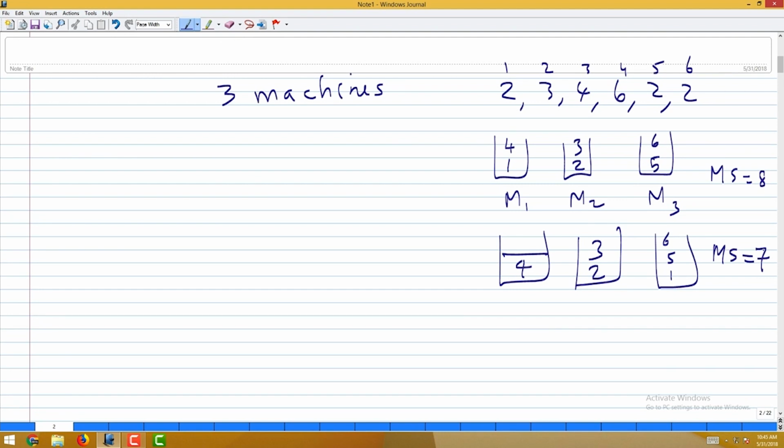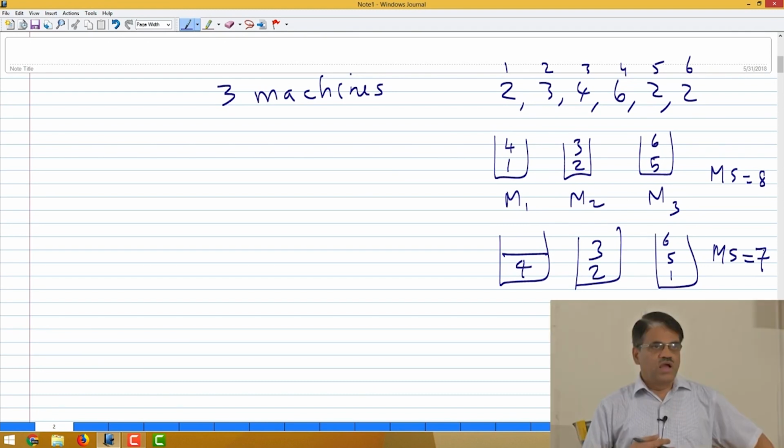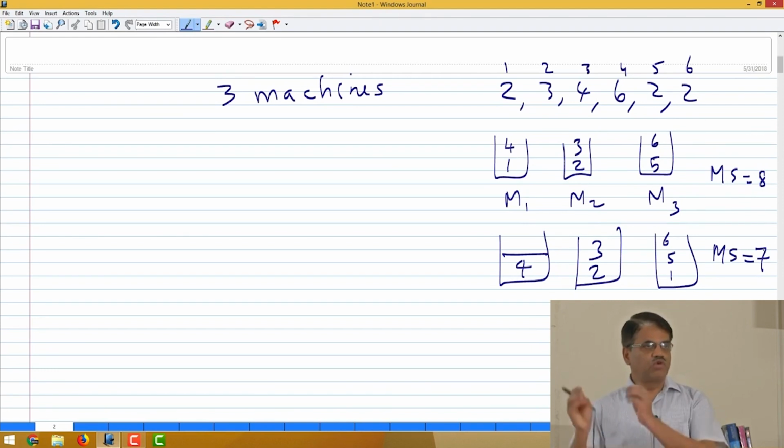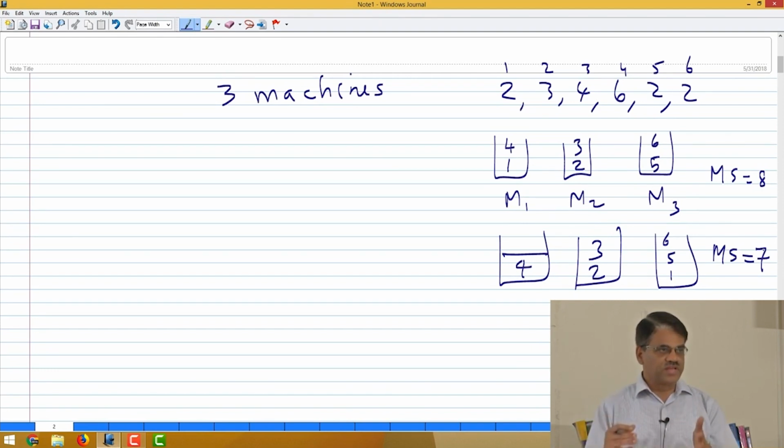So, if you want to think of a brute force algorithm, there are lots of possible assignments, and how many assignments, because each of the n jobs can go to any of the m machines. So, that is like an m power n kind of an assignment, and so it is an exponential algorithm, and the decision version of the question would be, is there an assignment with the make span at most a certain quantity? It is in NP, because you can just give an assignment, and you can prove it NP hard.